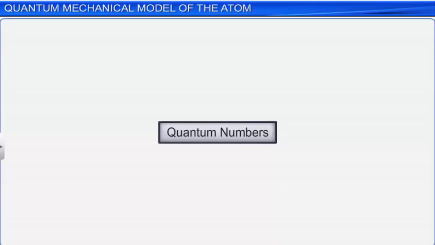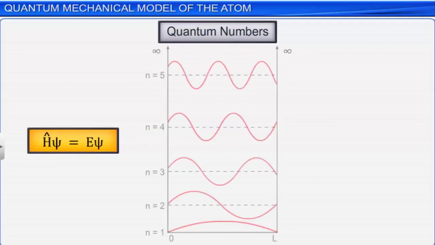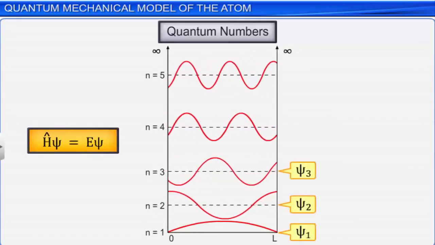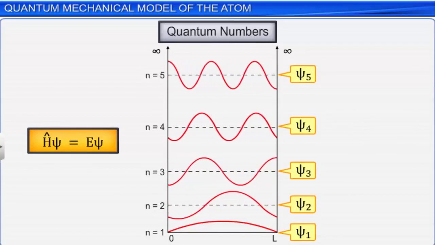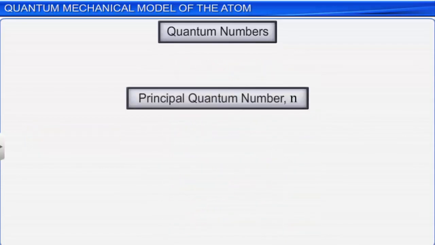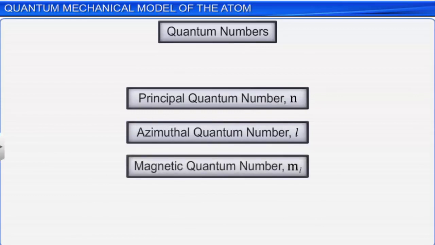Now let us see how the atomic orbitals are distinguished by quantum numbers. On solving Schrödinger wave equation for hydrogen atom, the solution gives quantized energy states and the wave functions which are characterized by a set of 3 quantum numbers, which are the principal quantum number, the azimuthal quantum number, and the magnetic quantum number.